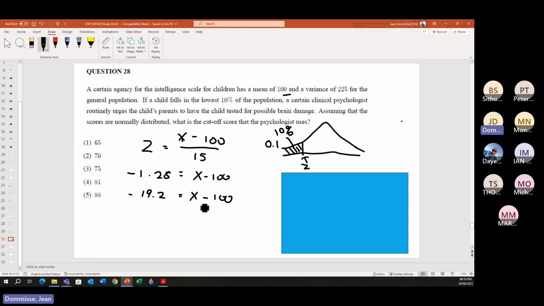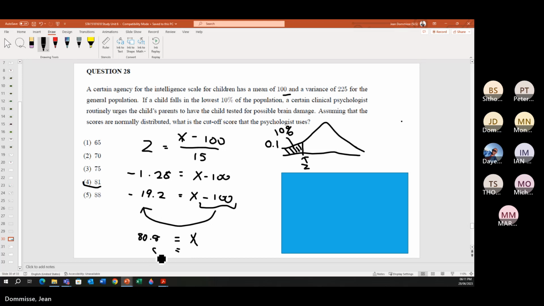Then if I take this minus to that side, it becomes positive. So positive 100 minus 19.2 will give me 80.8. So X is equal to 80.8. And then the closest number to 80.8 is 81.